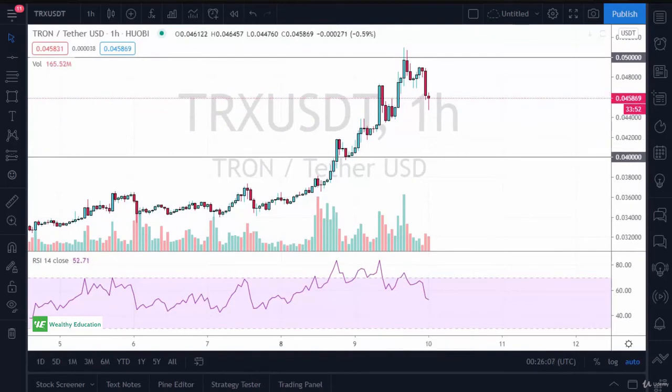You're not looking for selling anytime soon. You break to a fresh new high and take out that 5-cent level. Then you begin to look for a place to place your stop, maybe about halfway between these levels that matter in the market. Or if we continue to drift lower, then you start to look at this 4-cent level.